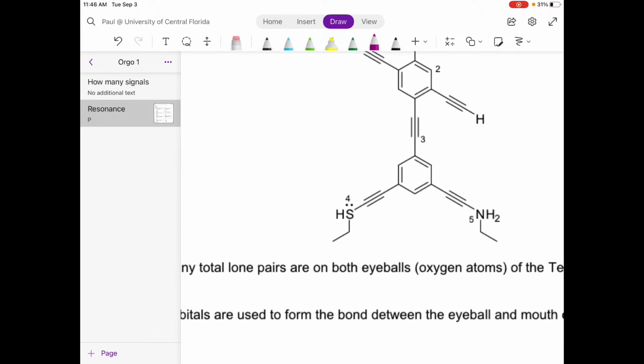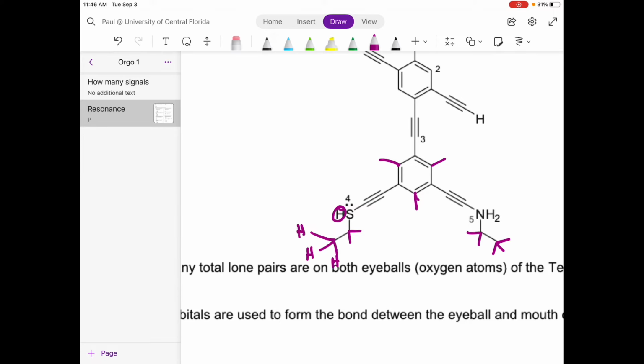Let's see if that works here. So we have 3 coming off of there, 2 there, definitely that one, 1 right there, there and there, 2 there, 3 there.